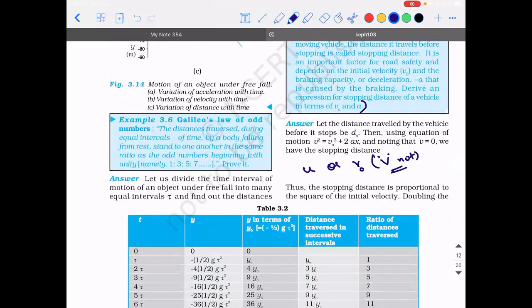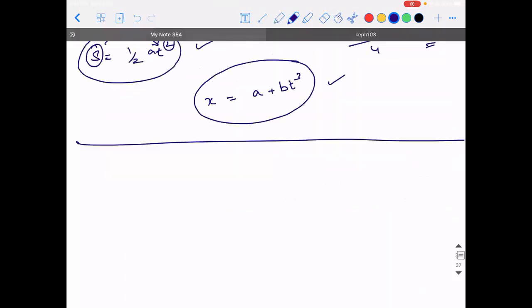Okay. So they're asking us to calculate the stopping distance. So how to find the stopping distance, guys? See, I'm going to tell you one important point and a trick to apply the right equations of motion. Wherever you have a condition where the final velocity of the object is zero, there will be two scenarios that they will ask you.